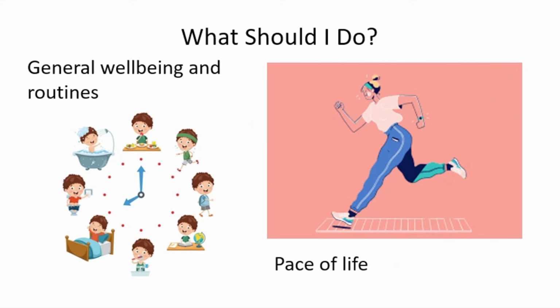It might be possible to do things a wee bit differently, just to give everybody a little bit more breathing space and help everyone to be a wee bit more relaxed. Maybe think about one or two little practical things that could take the pace of life down a wee bit. Obviously, with COVID and everything, everybody's routine is all a bit up in the air at the moment. But just think about one little tiny change that you can make that might make the whole atmosphere a wee bit more relaxed that day.